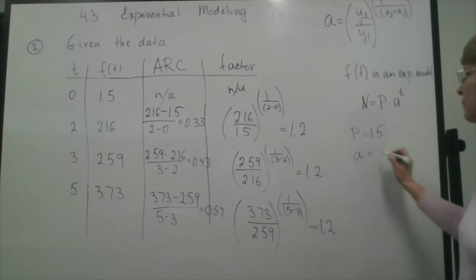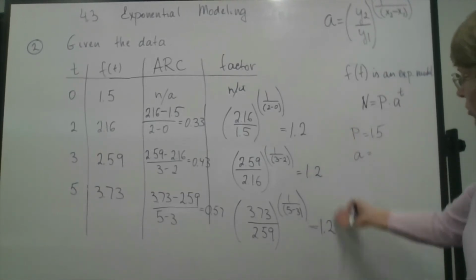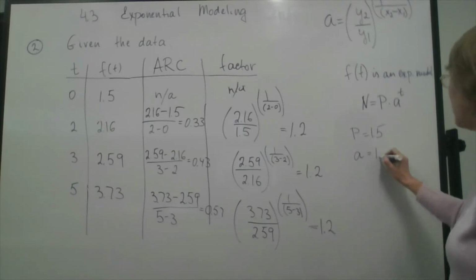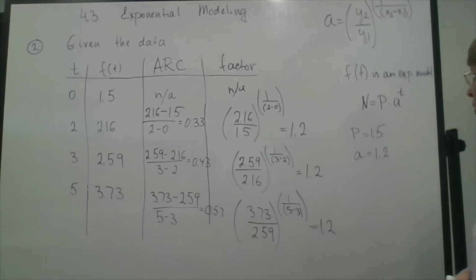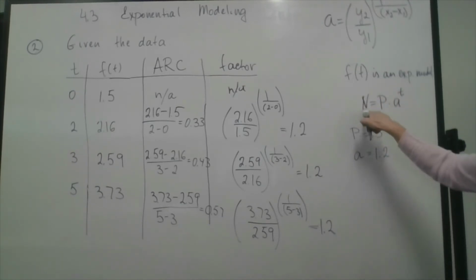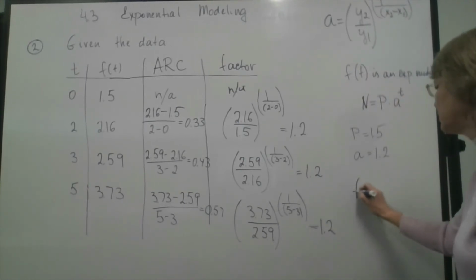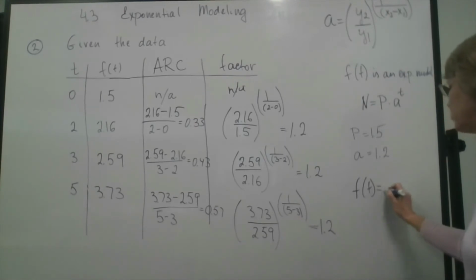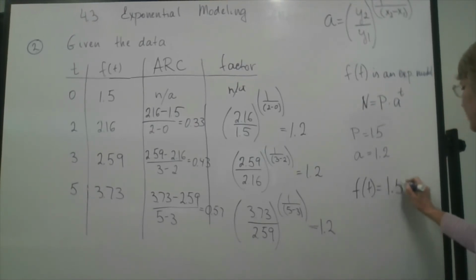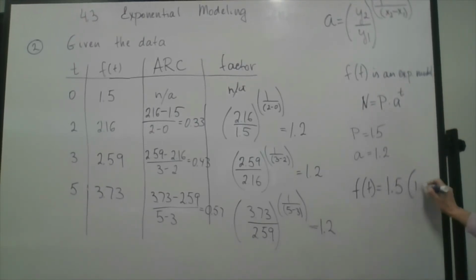Do we know a? Yes, we calculated this already. It is 1.2. So the equation will be, and instead of n, you will use f of t, f of t equals 1.5 times 1.2 to the t power. And show me a big fat multiplication here.